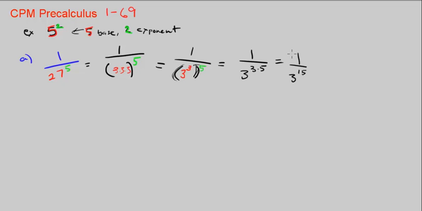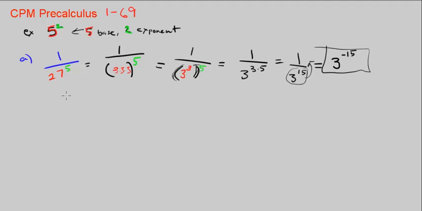We can put this whole denominator up in the numerator by making the exponent negative. So this is 3 to the negative 15th power. Okay, so that's part A.